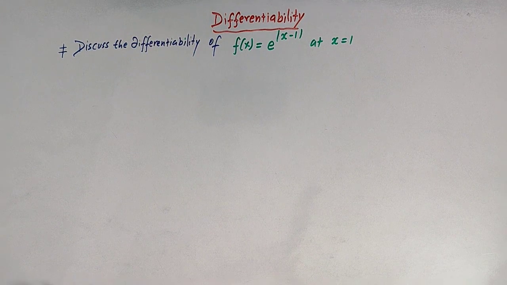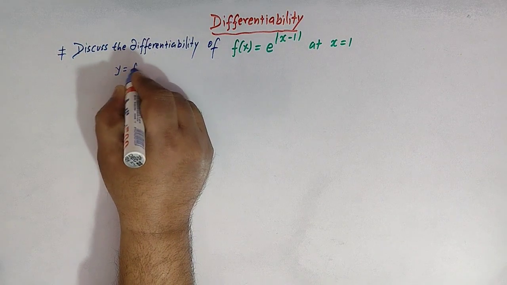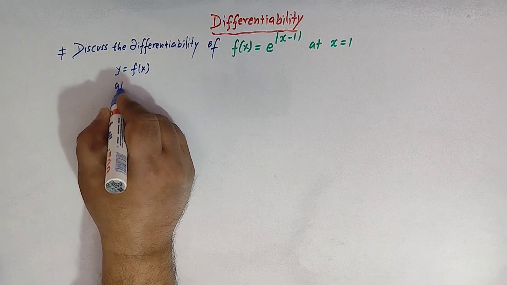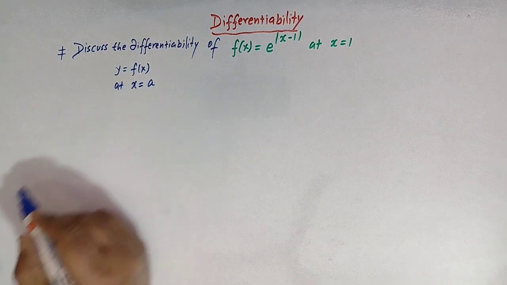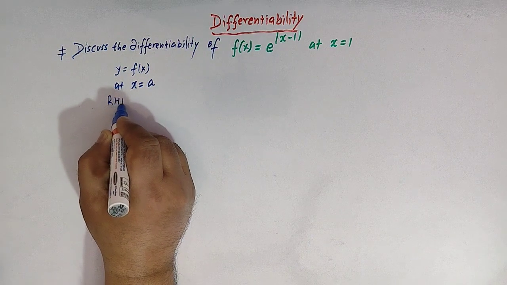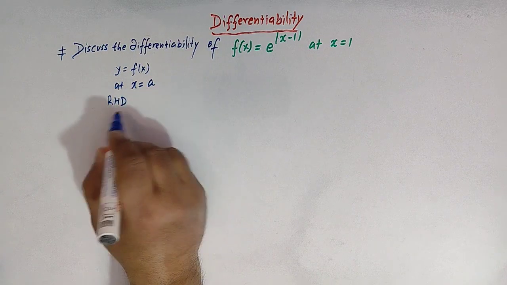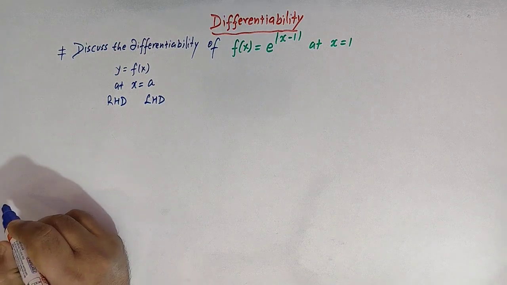Now we know that a function y equals f of x is said to be differentiable at some point x equals a belonging to its domain when the right hand derivative exists and is finite, and at the same time the left hand derivative should also exist and be finite.